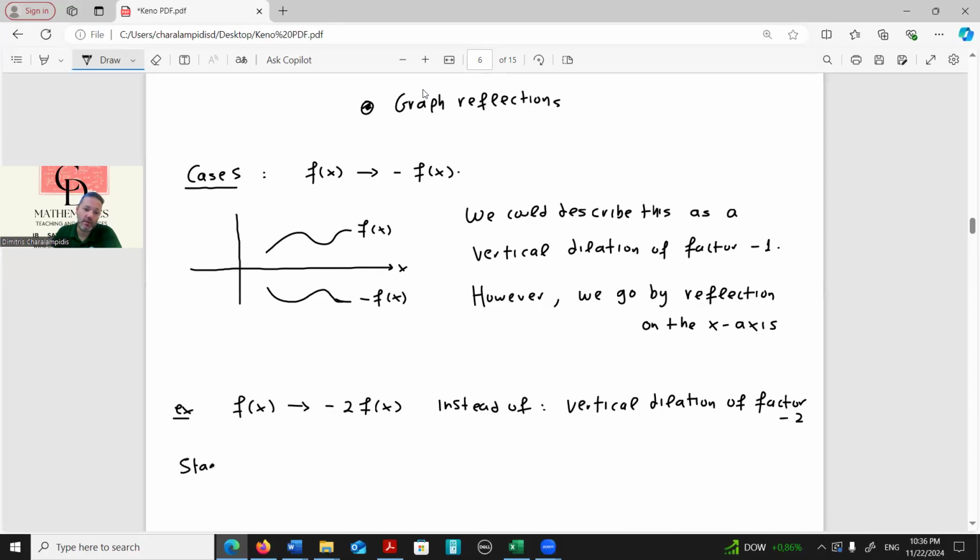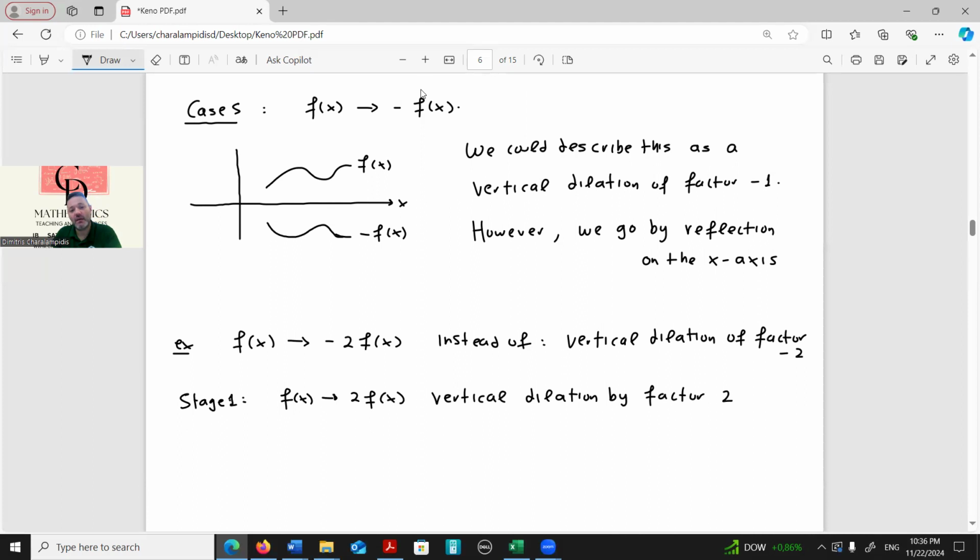In stage 1, we will describe the dilation with the positive sign. So we will say that this is from f of x to 2f of x. This is a vertical dilation by factor 2, which is then followed, and now I'll put the negative sign, by a reflection on the x-axis.